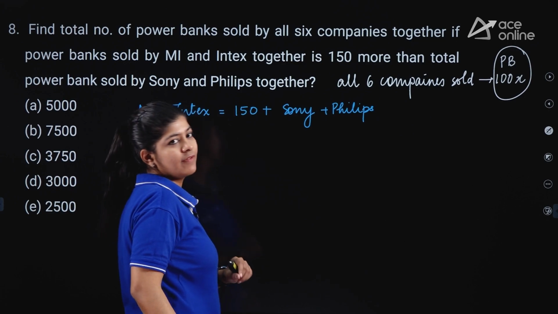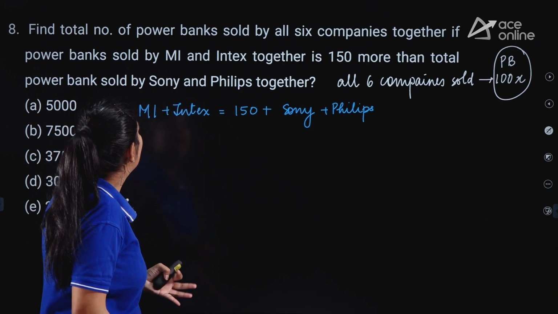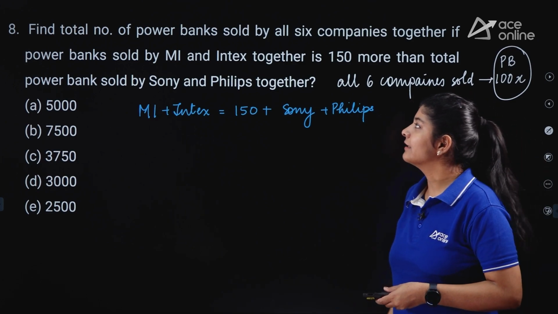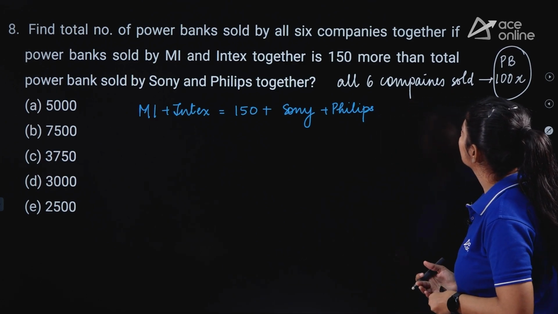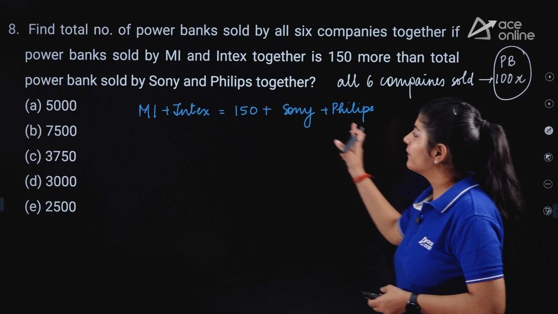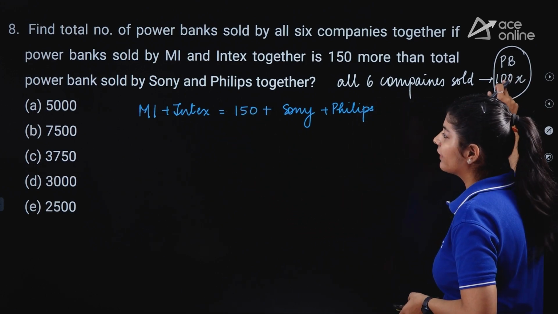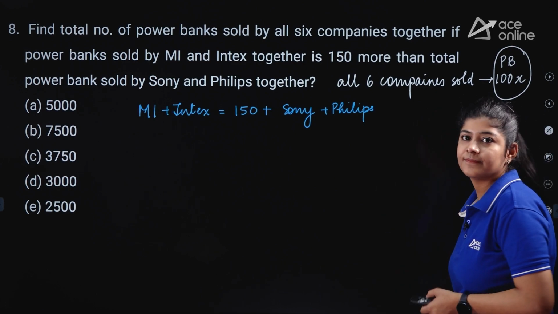This is everything that you need to calculate and you will get your answer. With the help of this, you just calculate the value of x. Just put the value of x over here and you will get your answer.